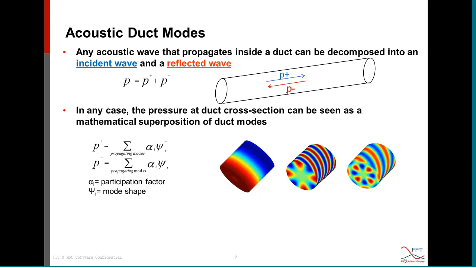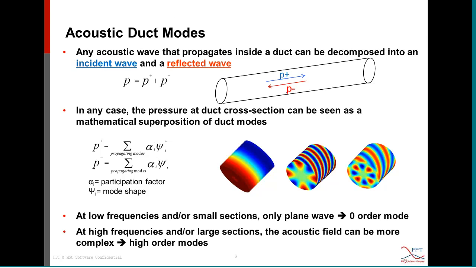So let's take an analogy to structural dynamics, as we know that the vibration of, for example, a plate is a superposition of many of the modes of that plate. So similarly, in acoustics, the pressure distribution across a cross-section is also a superposition of the acoustic duct modes. Now, with acoustic duct modes, in a certain cross-section, at low frequencies, only the plane wave can propagate.